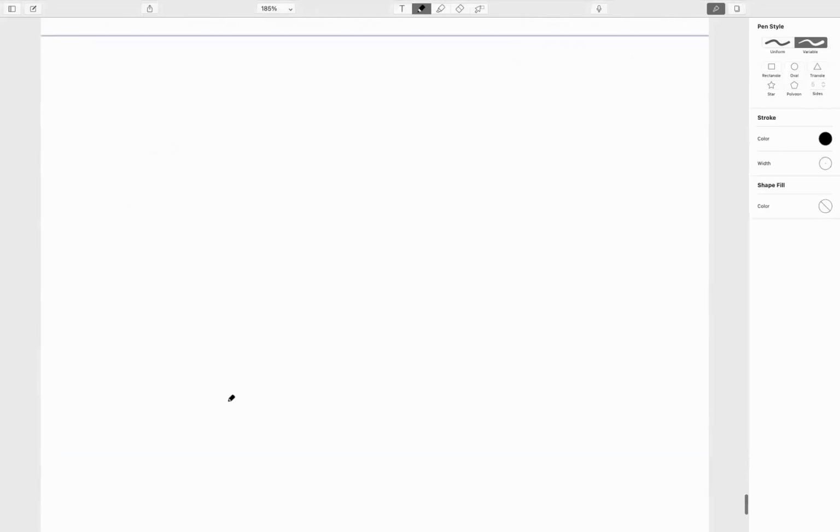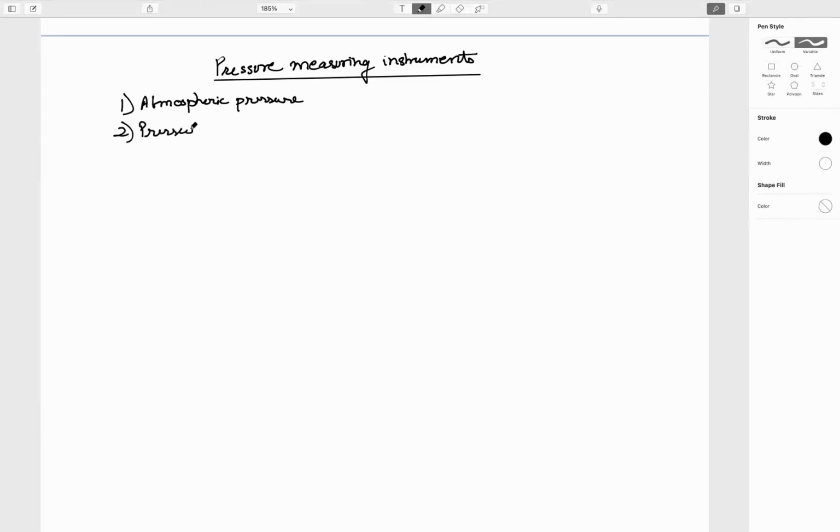Now the next concept that I am going to cover is the pressure measuring instrument. There are many pressure measuring instruments.